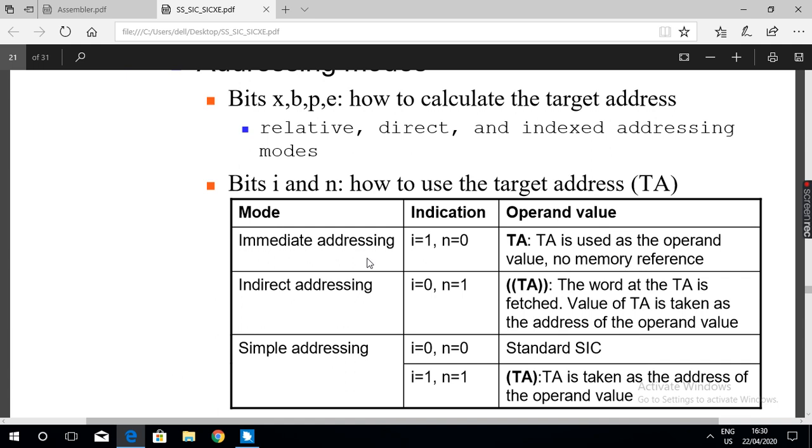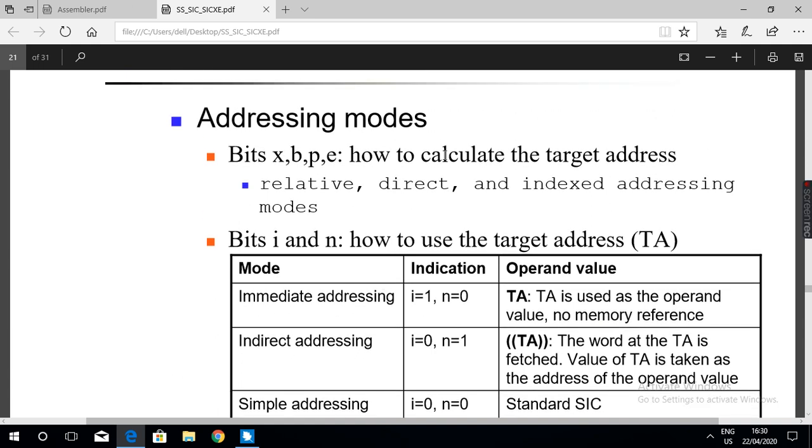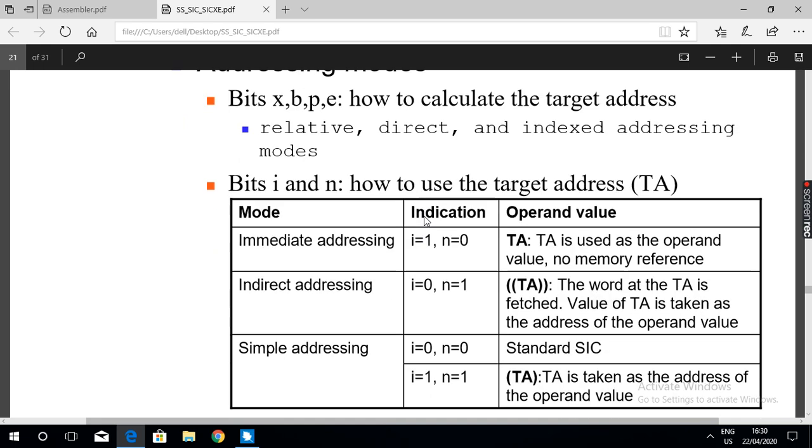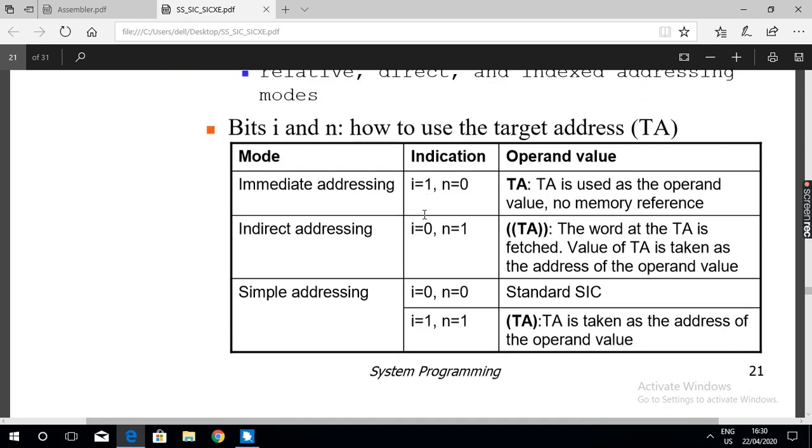For immediate addressing, I equals 1 and N equals 0.